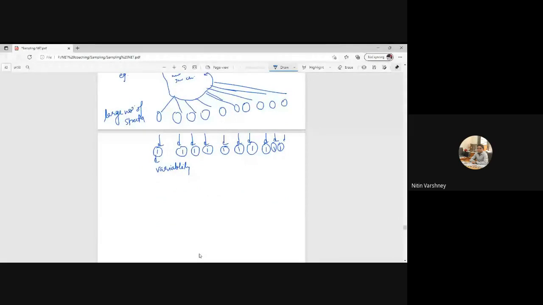So we can say that we cannot estimate the variance of y bar st.